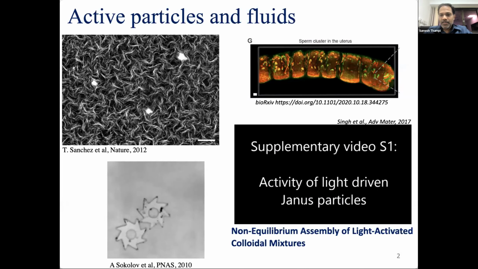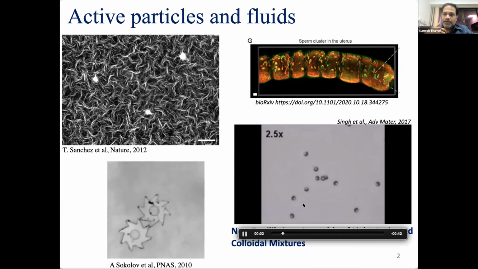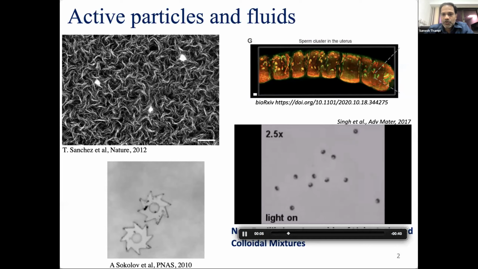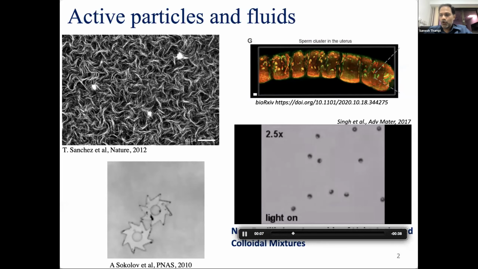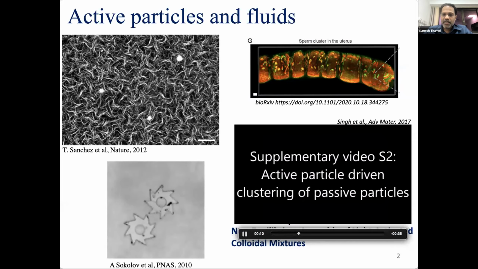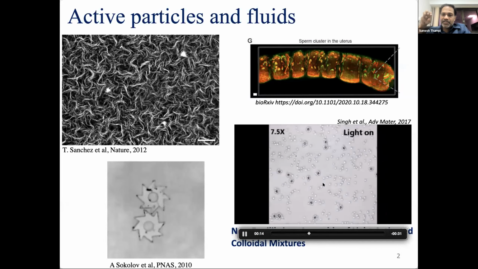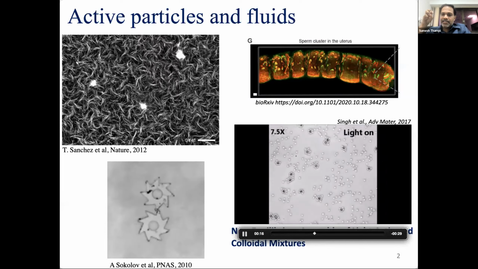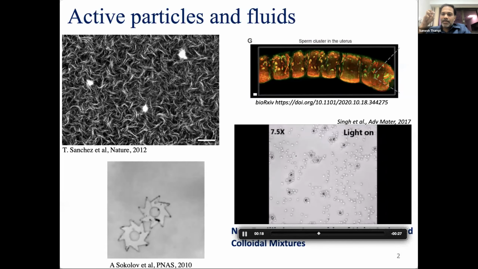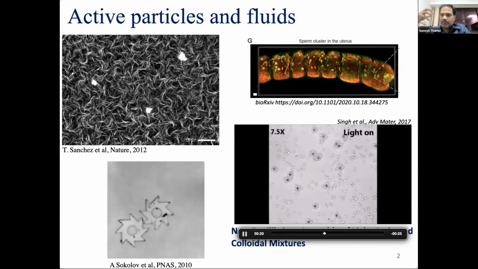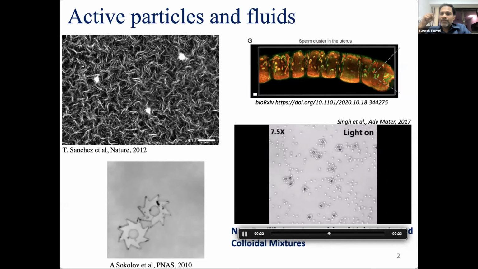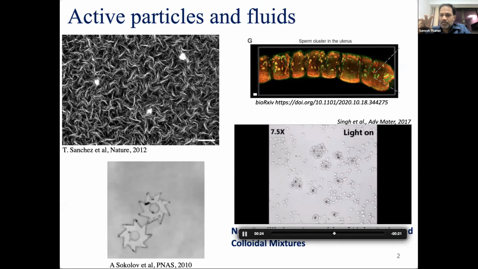And the fourth one, where you see the movie, is a synthetic active system. The three other ones I spoke about are all of biological nature. Here, these black particles are Janus particles, and they undergo a certain chemical reaction which makes them move when there is light shined on the system.